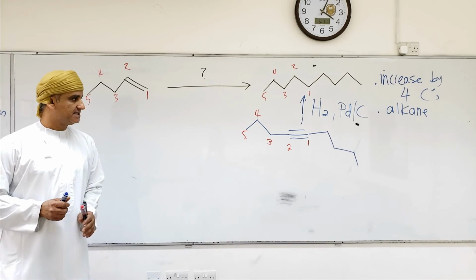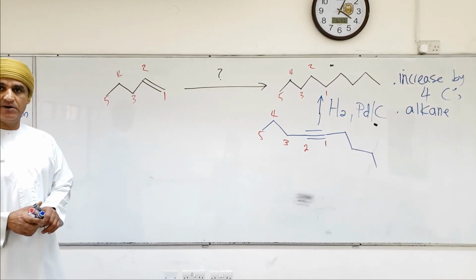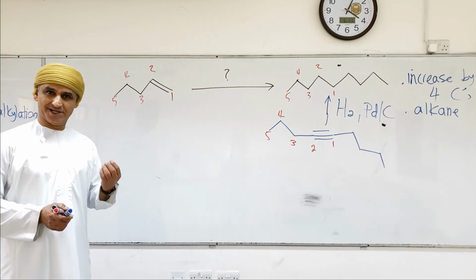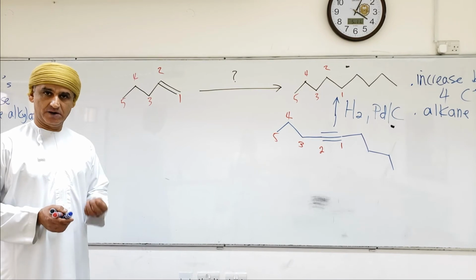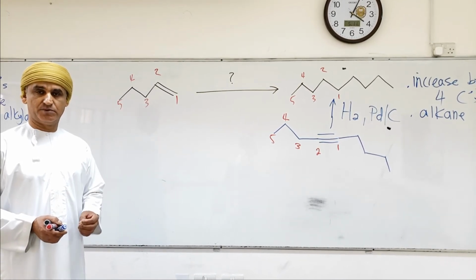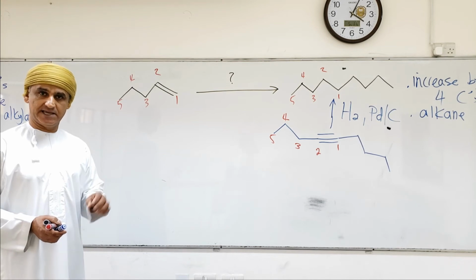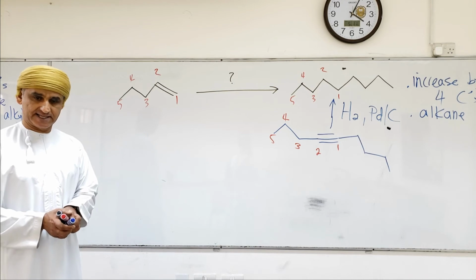What about this internal alkyne? How can we make internal alkynes? We learned before that internal alkynes can be obtained from the corresponding terminal alkynes if the terminal alkyne is deprotonated and the acetylide is then alkylated.